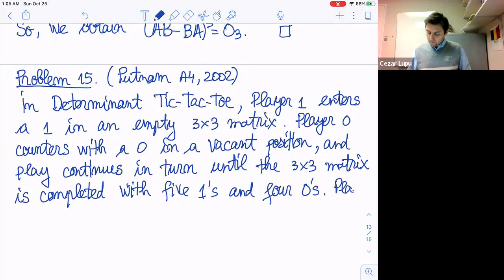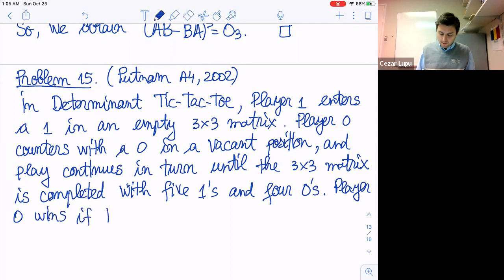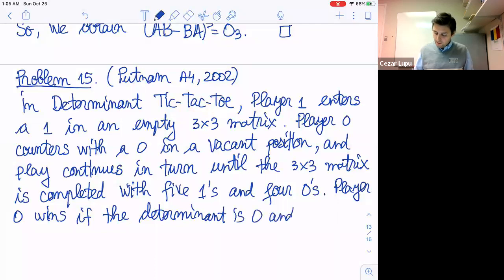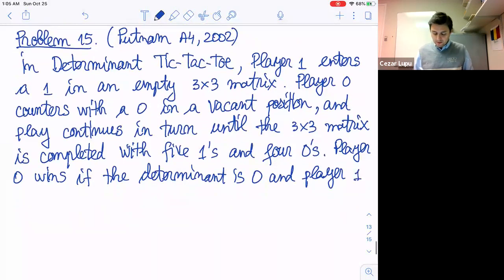Player 0 wins if the determinant is 0, and player 1 wins otherwise. That's a very nice problem.